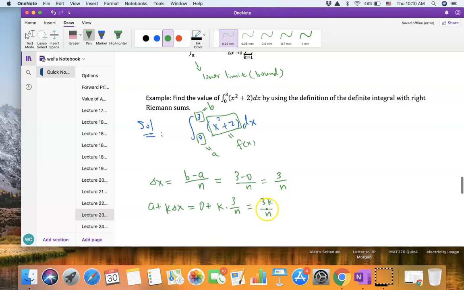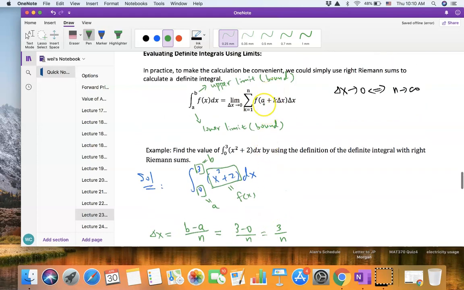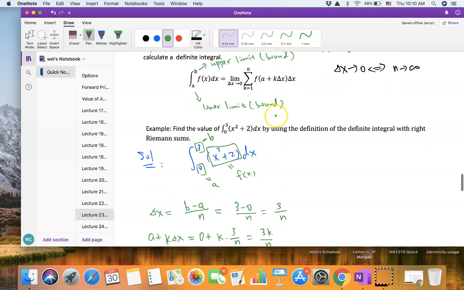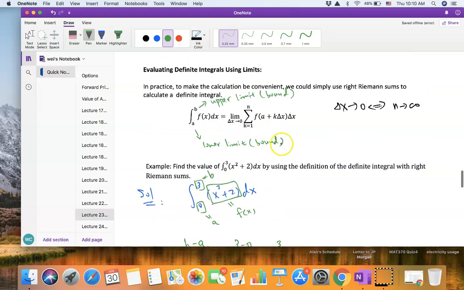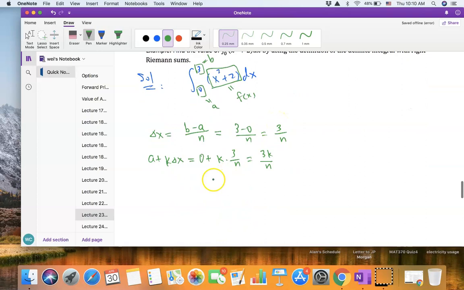Now, in this term a plus k delta x, you should have a variable k and a variable n. If you don't have these two things, that means your answer is not right, so you want to check. Okay, and the next thing is to figure out how to write f of a plus k times delta x.